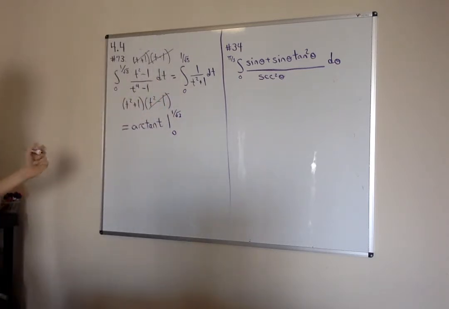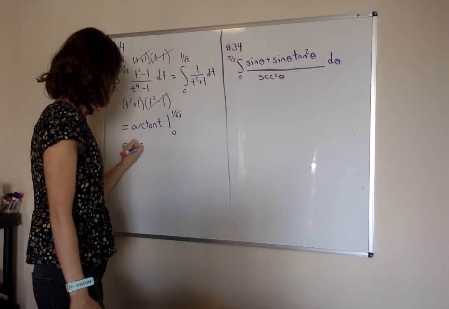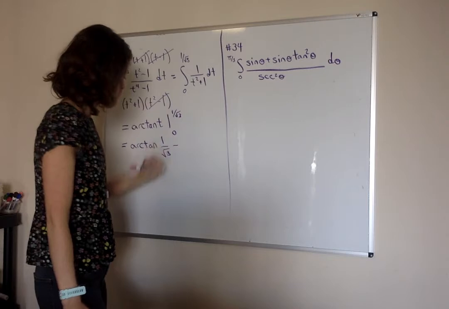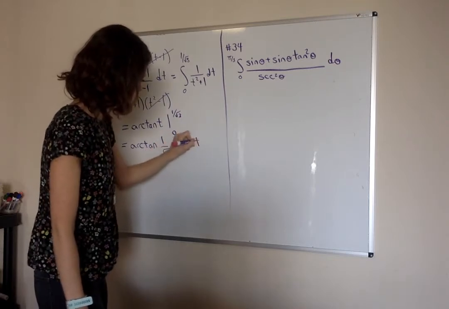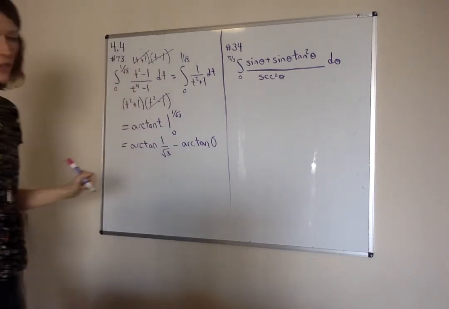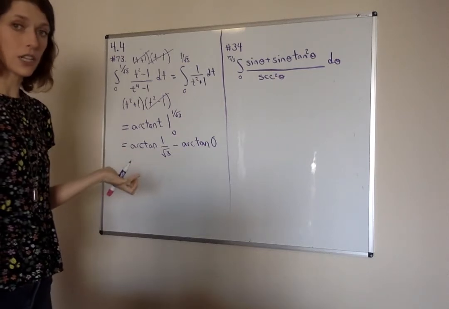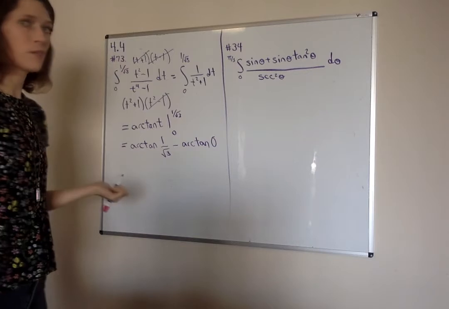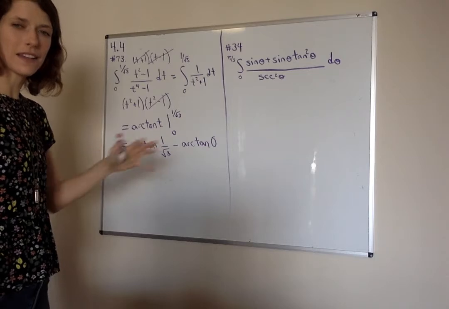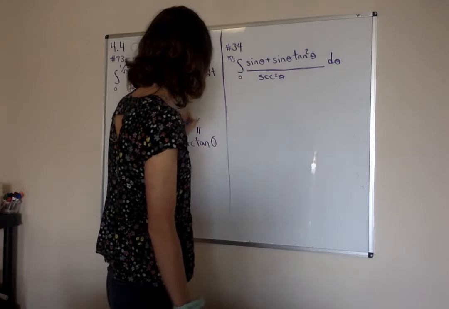So to do this, I need to figure out what the arctangent of 1 over root 3 is, and the arctangent of 0. So the arctangent of 0 is the angle that when you take the tangent gives you 0. That happens whenever the sine is equal to 0. And in this case, that angle should be 0. So arctangent 0 is 0.